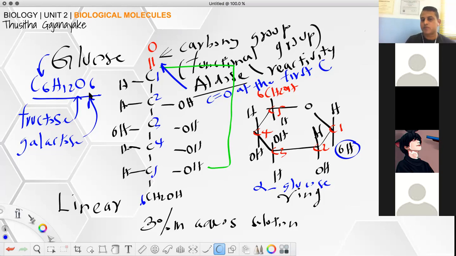Now I can explain if I take the fructose molecule. In the fructose molecule, the carbonyl group is located in the second carbon.